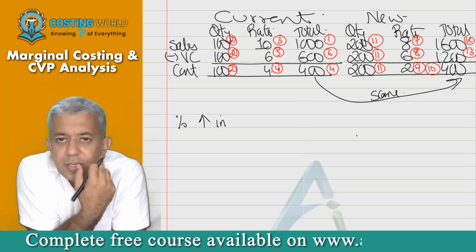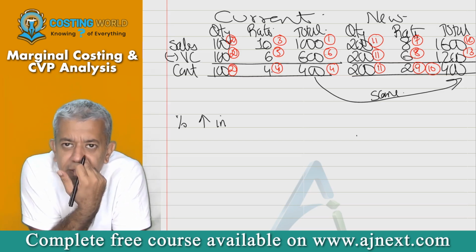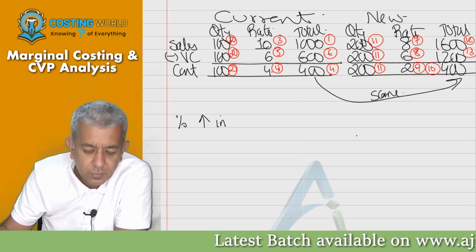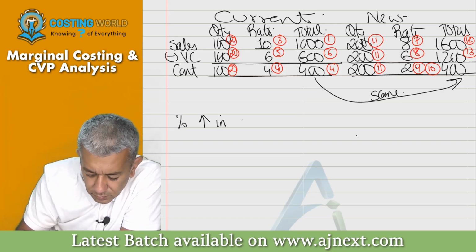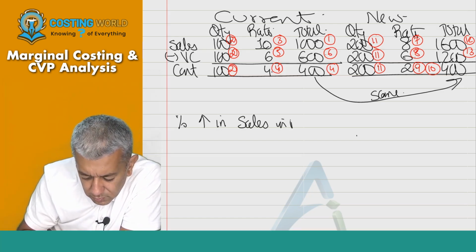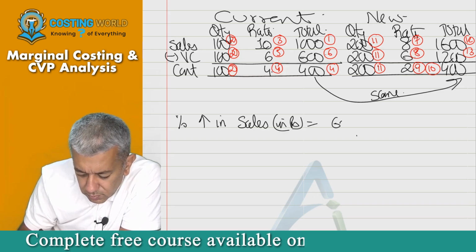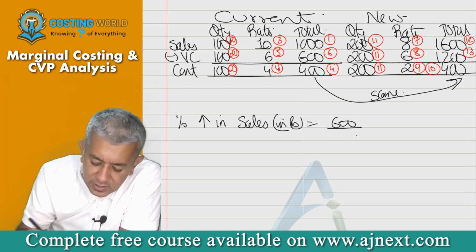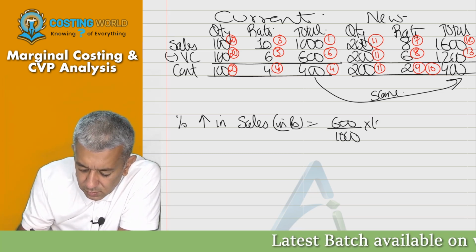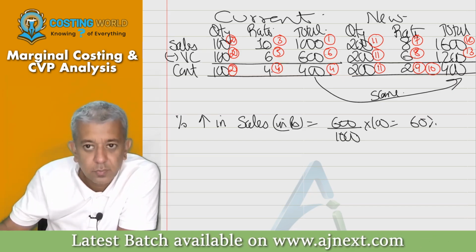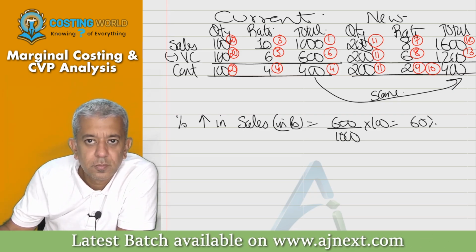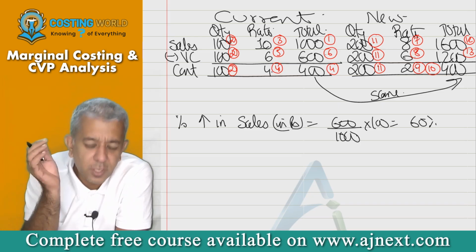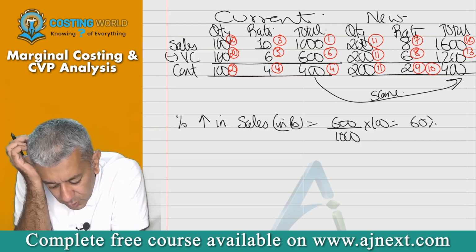And let the selling price be rupees 10. In bracket, write down any number. Therefore, current sales is equal to 100 units into 10 is equal to 1000.